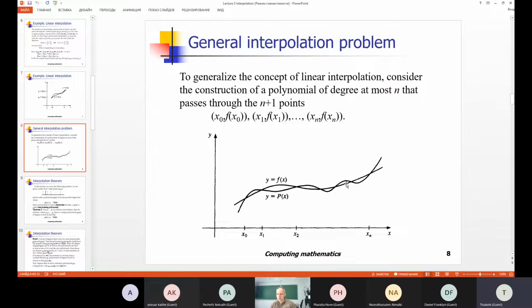This is a graph of the function. And we know the values of the function at the points x0, x1, x2, and so on, xn. And we are going to find a polynomial, p of x, that passes through these points.